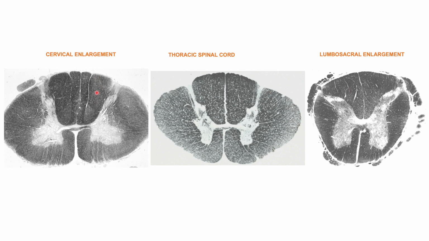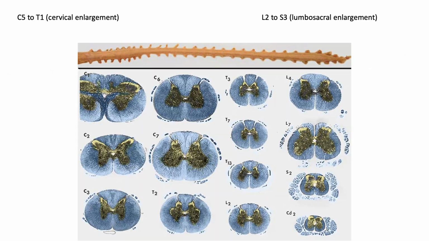But here you can see fasciculus cuneatus and fasciculus gracilis. So these are representations of C5 to T1, and then L2 to S3. So C1 all the way to T1, T2, and then you have L2 to S3 also showing.